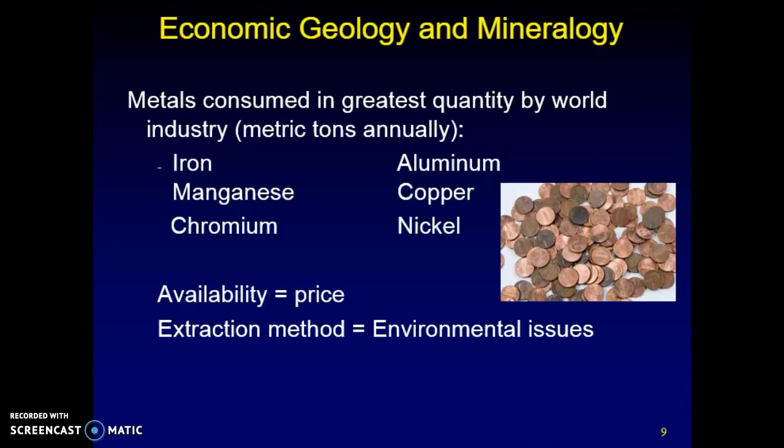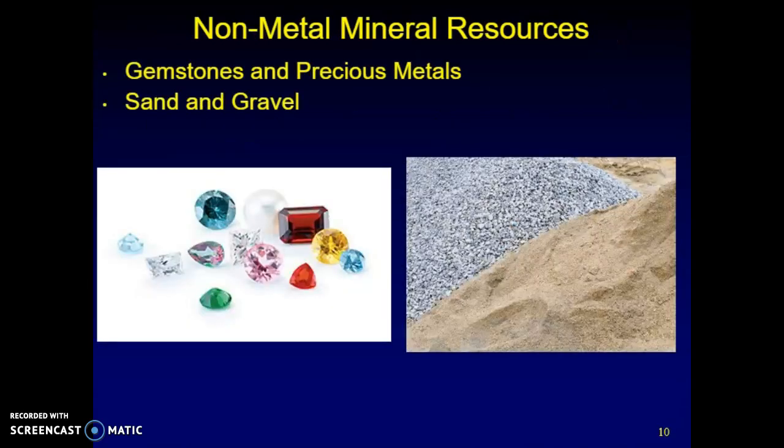So, okay, not all metals have value to us. There are non-metal mineral resources, things like gemstones and different precious metals. So rubies, sapphires, diamonds, etc. These are non-metal mineral resources that have huge value. And then stuff like sand and gravel. Now remember, sand and gravel is part of soil. It's a natural part of the environment.